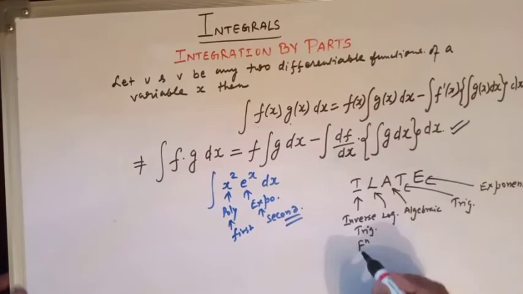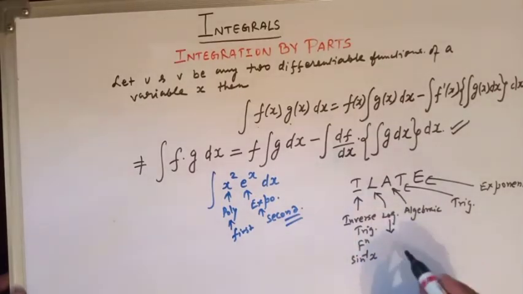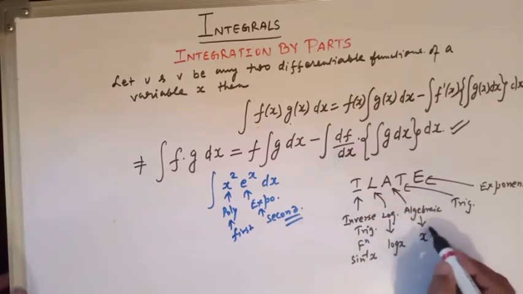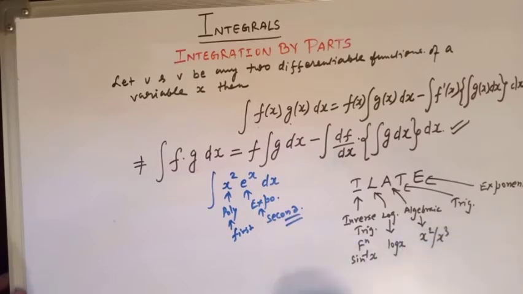So here inverse trigonometrical function implies we have a function like sine inverse x. Here we have the logarithmic function, say log of x. Here we have an algebraic function, say x square or x cube or x. Clear?